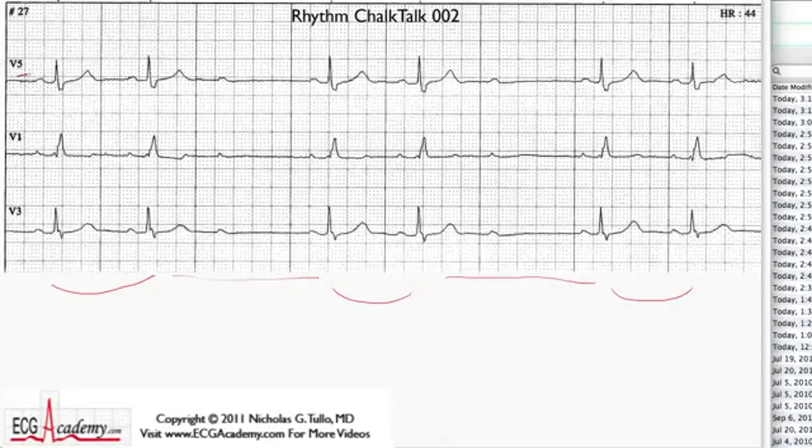Remember, these 3 lines are going simultaneously, so you can look at 3 different leads. If you look at the first beat, it looks fairly normal with an upright P wave, a QRS complex, and a pretty smooth-looking T wave. The QRS is a little abnormal. There is a strange-looking wide S wave here.